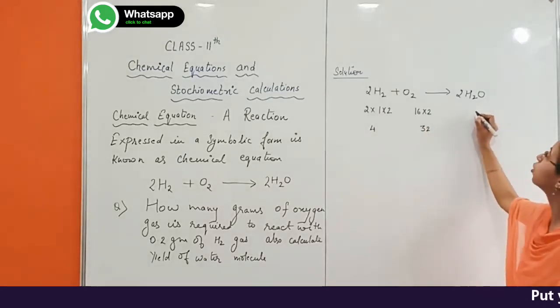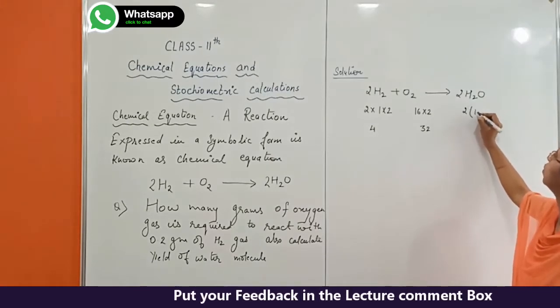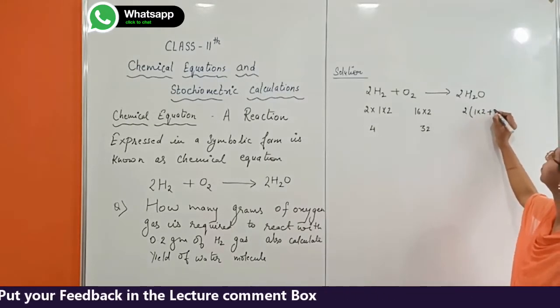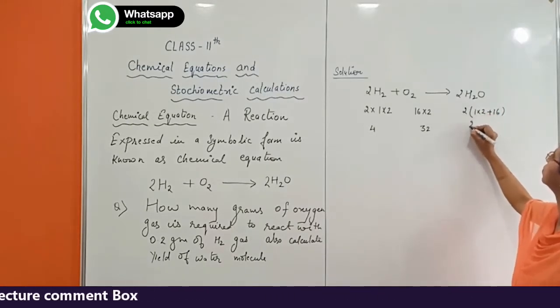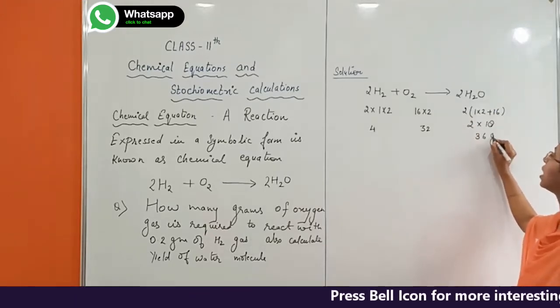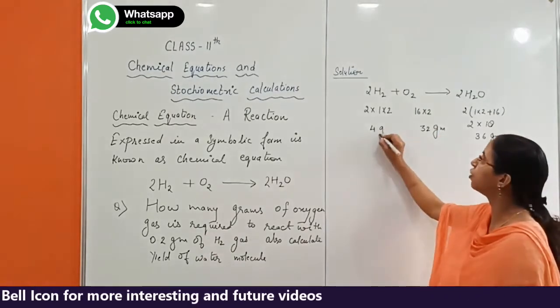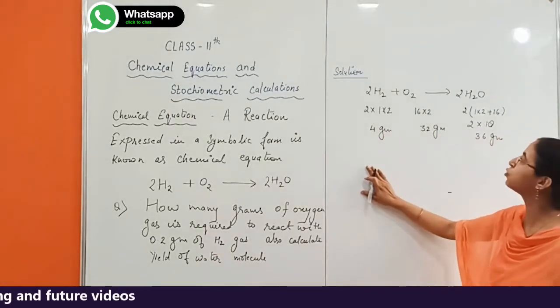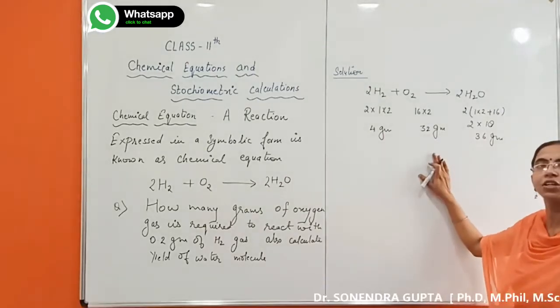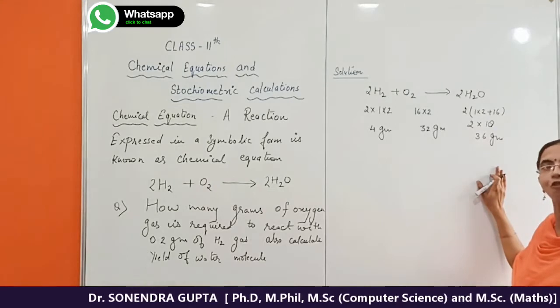And if we want to calculate the molecular mass of water, it is written like this. Okay, so a balanced chemical equation will give you that 4 gram of hydrogen gas reacts with 32 gram of oxygen to produce 36 gram of water.